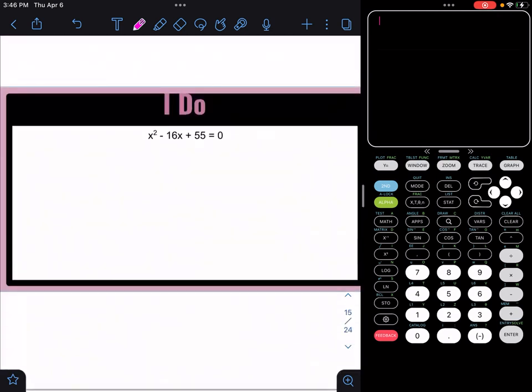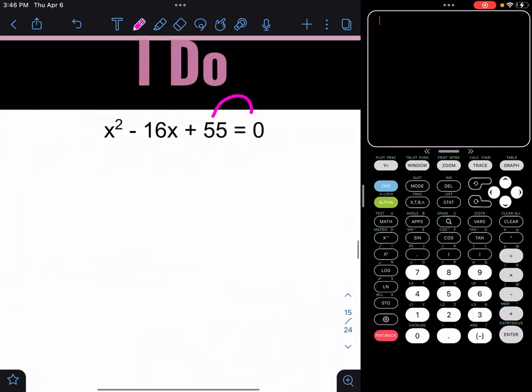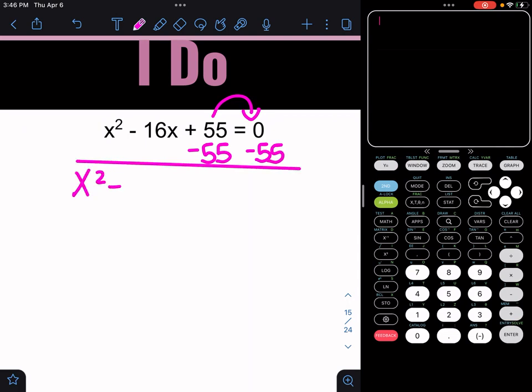Alright, let's finally get into solving some of these. You take whatever c is, which is this positive 55, you bring it to the other side. So to subtract 55 from both sides, we will get x squared minus 16x plus a square equals negative 55 plus a square.